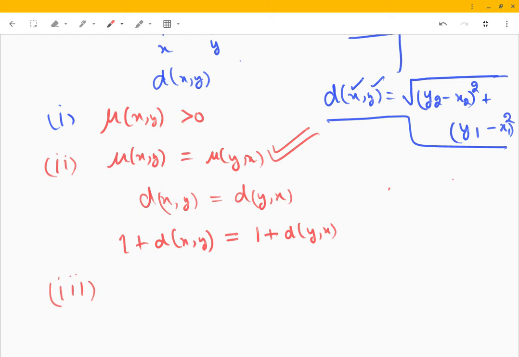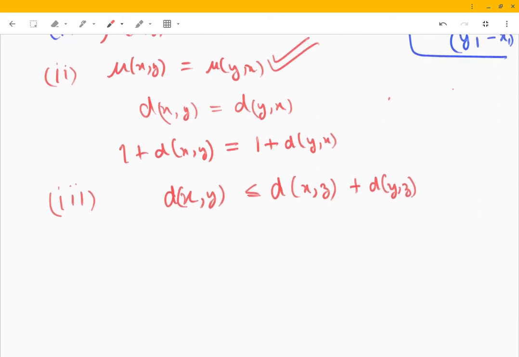So this condition is also satisfied. Now the third condition, triangle inequality. Okay, this is a tricky one. We know that d(x,y) will definitely be less than or equal to d(x,z) plus the distance between y and z.